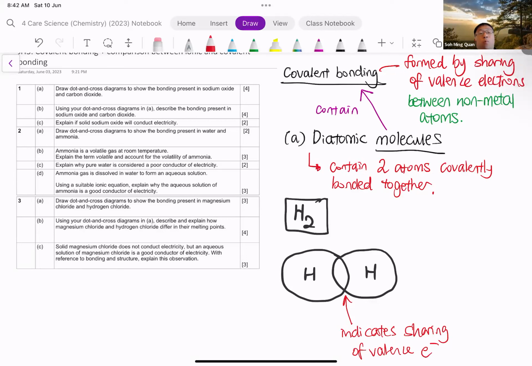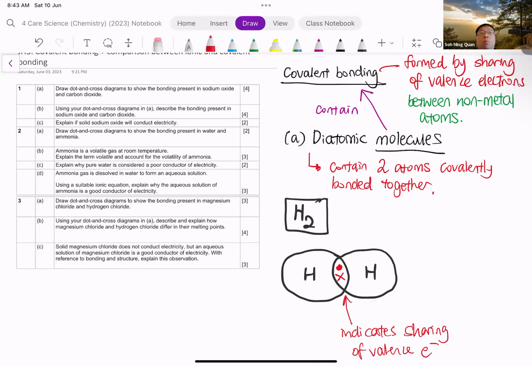Now, hydrogen has one electron only. Therefore, it will share one valence electron with the other hydrogen atom. So we indicate this as one dot, one cross. Why? Because the hydrogen on the left will share its electron with the hydrogen on the right.